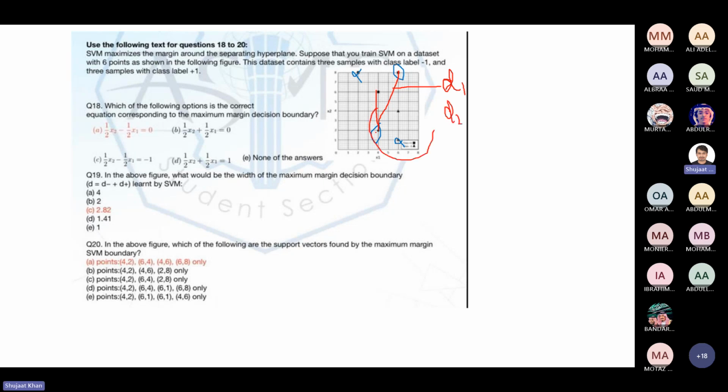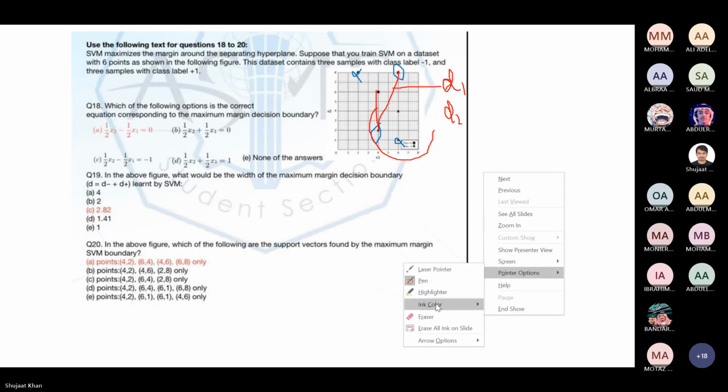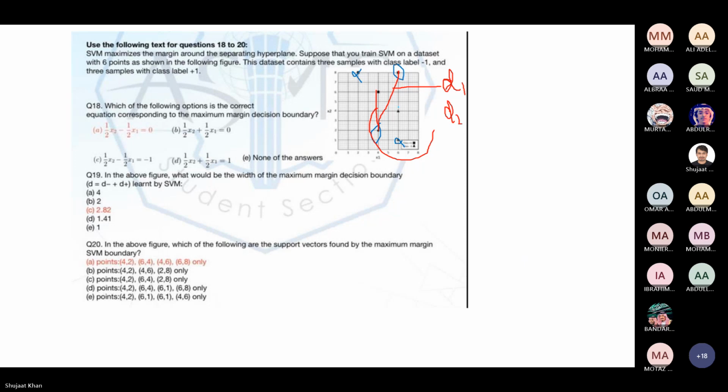Now the third distance is this one, and this one. Again, D3 is larger than D4. Any confusion here? We have 4 points, and between these points you have 4 distances.